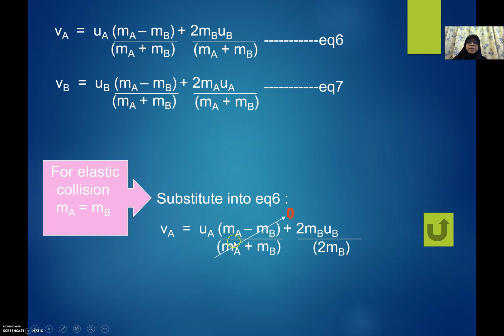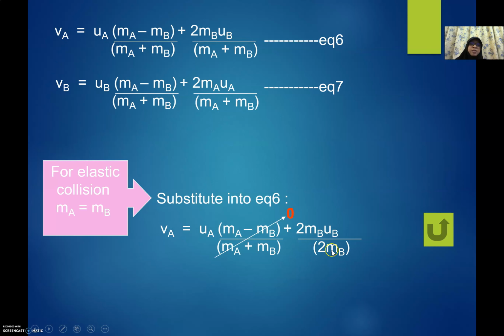So we get only 2 MBUB over 2 MB because MA is equal to MB. So we choose MA becomes MB, so MB plus MB is equal to 2 MB. So no matter whether you choose MA or MB, they are the same.